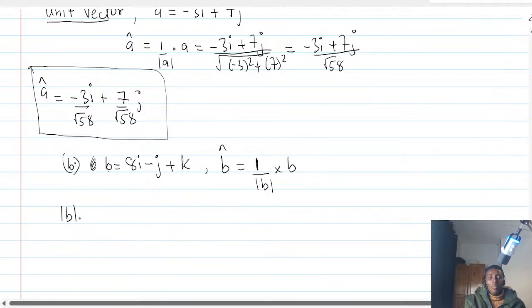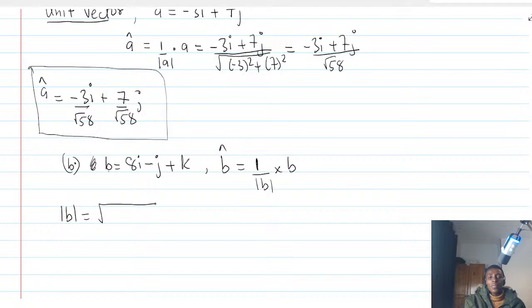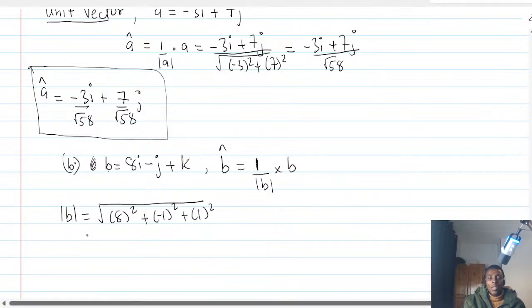So the magnitude of vector B is 8 squared minus 1 squared, 1 squared. So the square root of this, what is it? So you are going to get the square root of 8 squared plus 1 squared plus 1 squared.